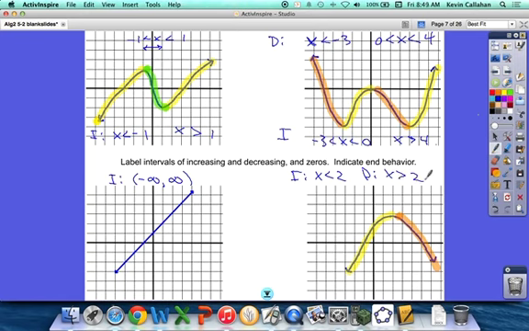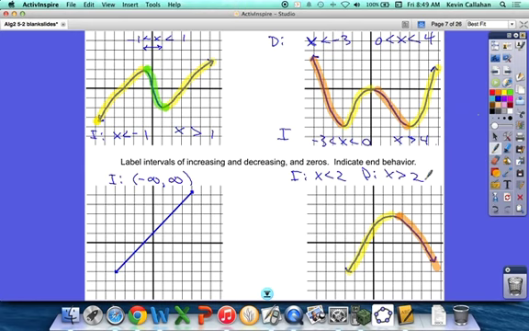So that's the concept of increasing and decreasing: just showing where does it go up, where is it going up, where is it going down, and you always say that in terms of x. You don't look at this value here and say -2. The -2 has nothing to do with it. So don't give the y values. The most common mistake is you try to give y values when it means x values.